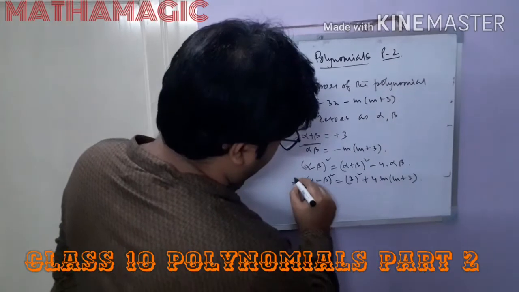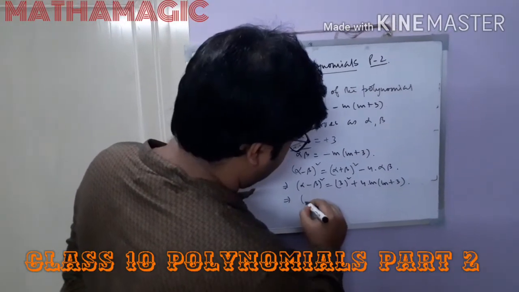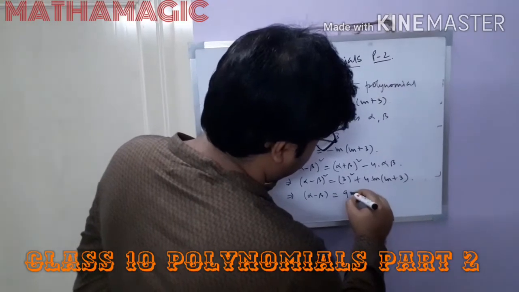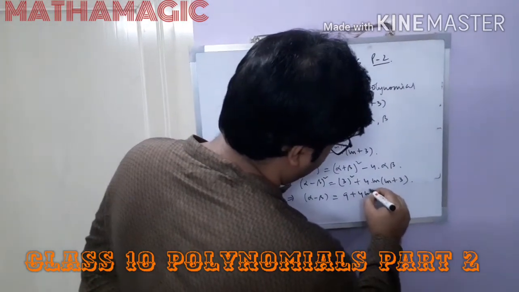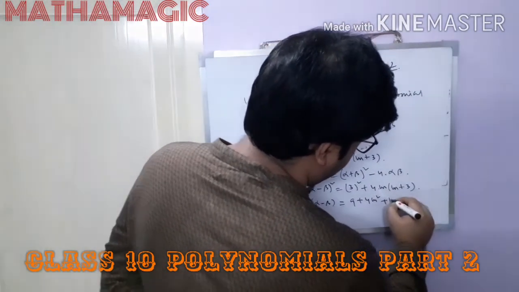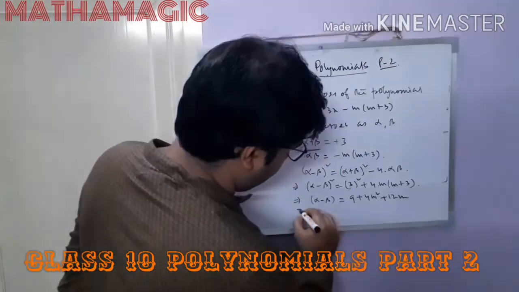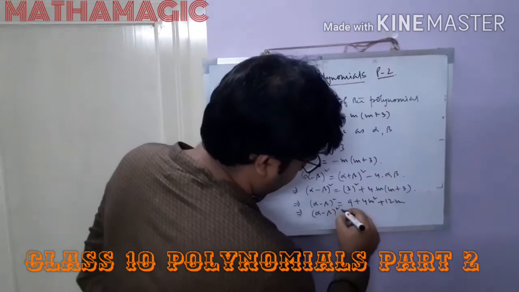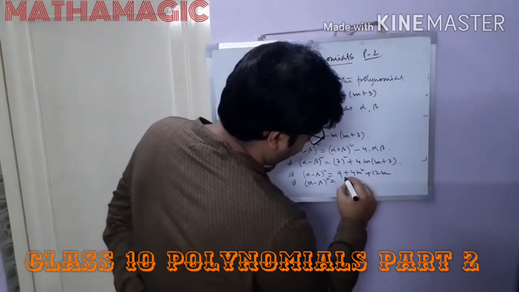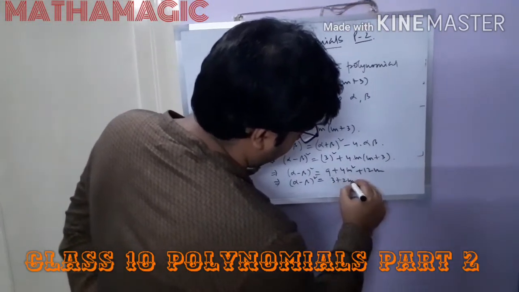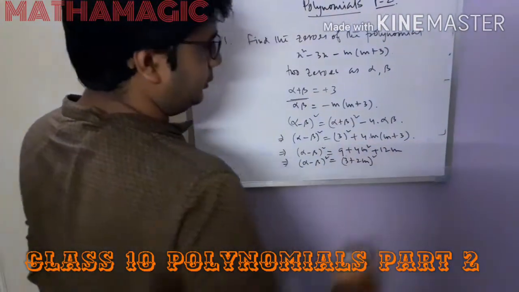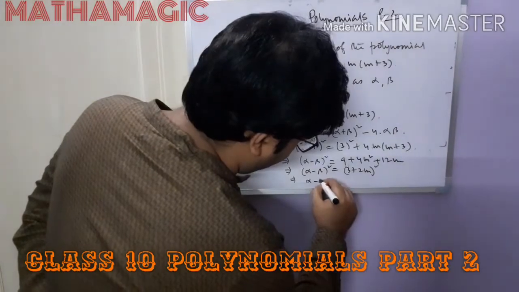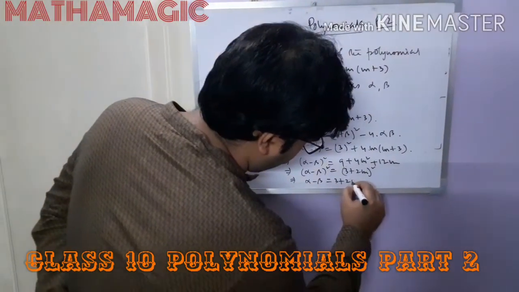So it will be 9 plus 4m square plus 12m, which is 3 plus 2m whole square. Just do the calculation, you will find the value. So alpha minus beta equals 3 plus 2m.